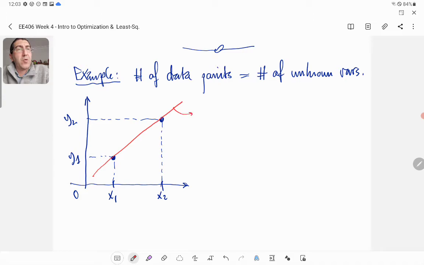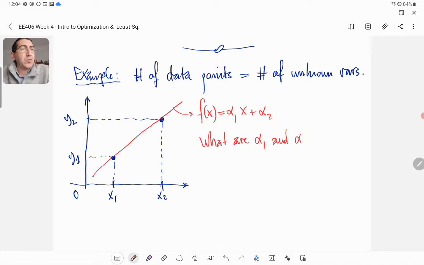We know that this line is a function of x, but it's also a function of the two parameters that are unknown at this point, alpha 1 x plus alpha 2. So the question is, what are alpha 1 and alpha 2?